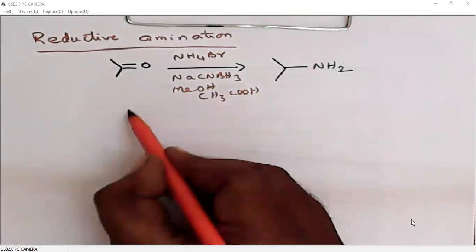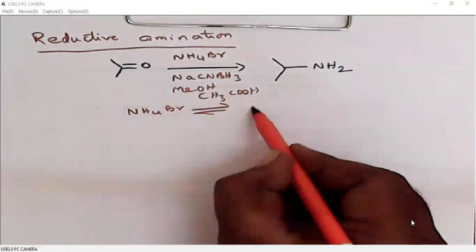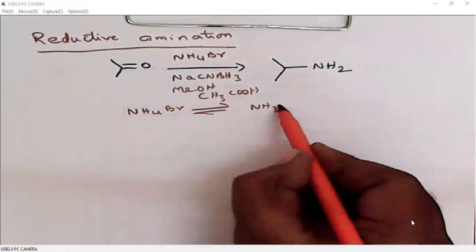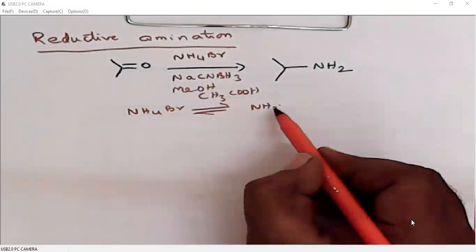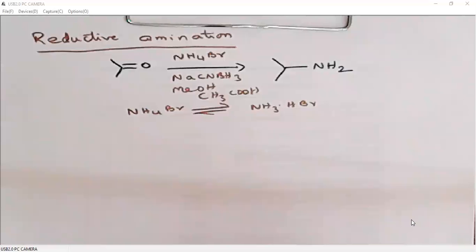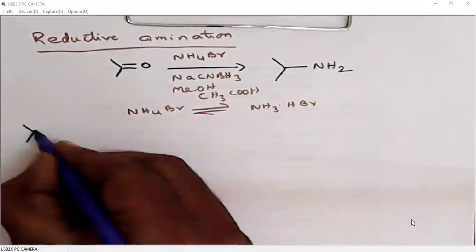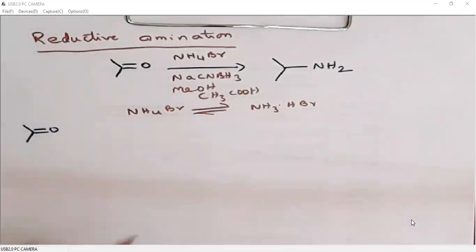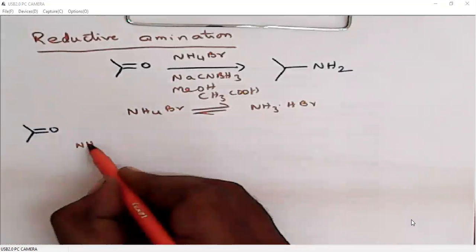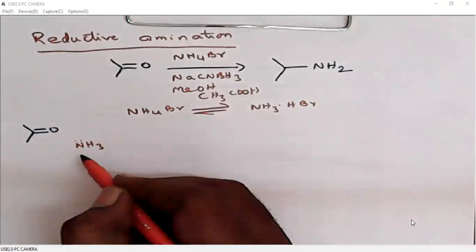When we have ammonium bromide, we consider it as a salt between ammonia and hydrogen bromide acid, right? When we have a carbonyl, ammonia will immediately attack the carbonyl. Ammonia is a nucleophile, as well as a base.